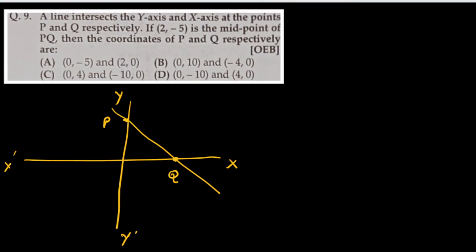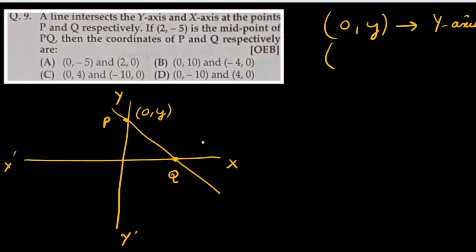So here point P will look like 0, comma, y, because this point lies on the y-axis. Any point which lies on the y-axis will look like this. What does it mean? It means the value of x is 0 and it will have some point on the y-axis.